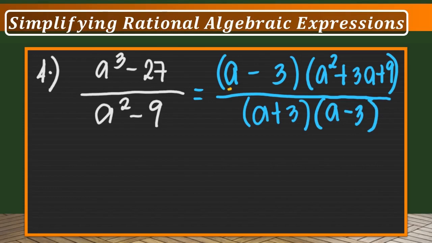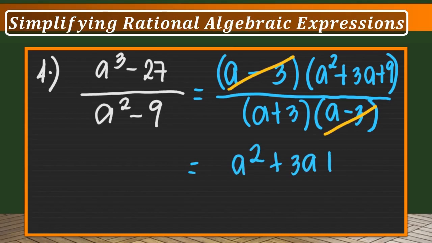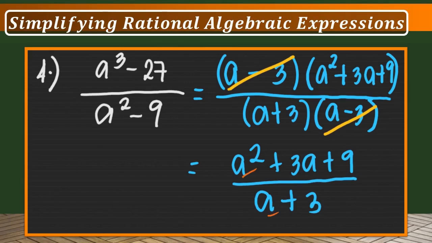Notice that a minus 3 is repeated, so cancel as we divide the two. So our answer now is a squared plus 3a plus 9 over a plus 3. Take note, we cannot divide these since the numerator is a trinomial and the denominator is a binomial. Thus, this is our final answer.